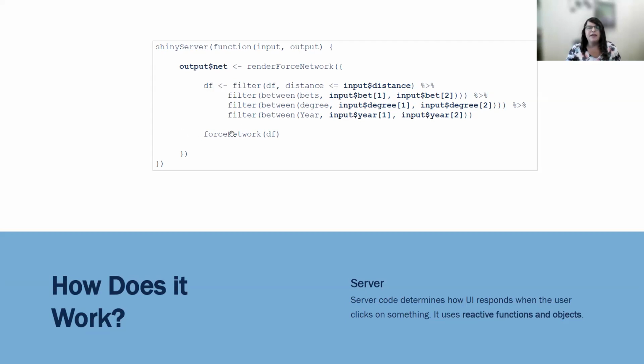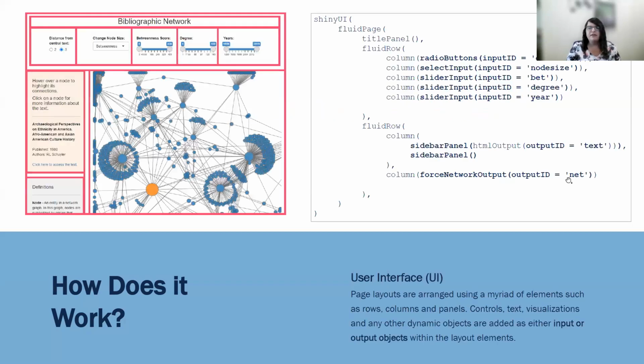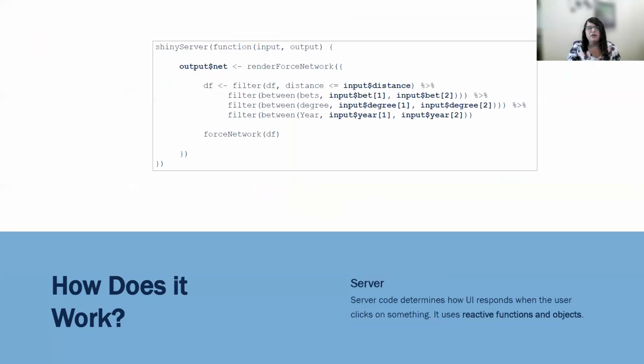And then we draw the network, and then that gets rendered here in the interface. So that's essentially how a Shiny app works in R. You'll notice a lot of similarities to your base R code or tidyverse code, but ultimately it comes down to these input and output objects.